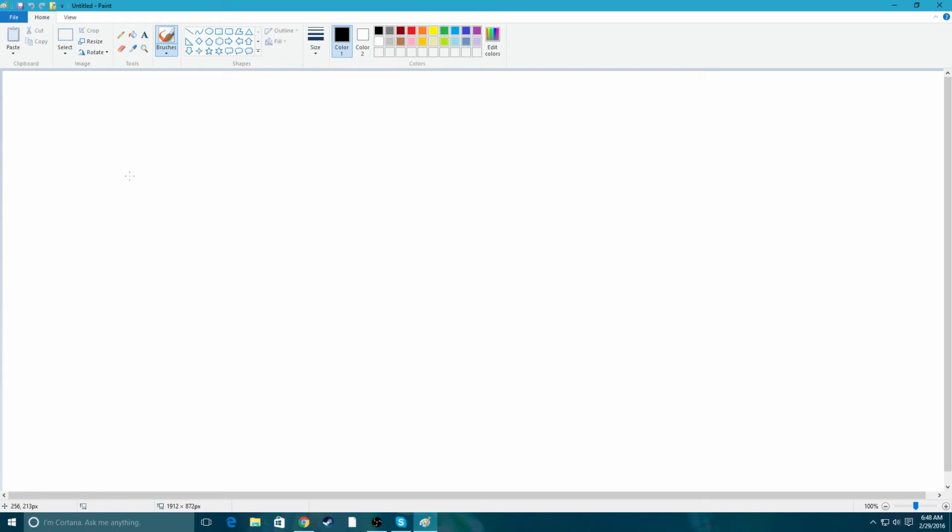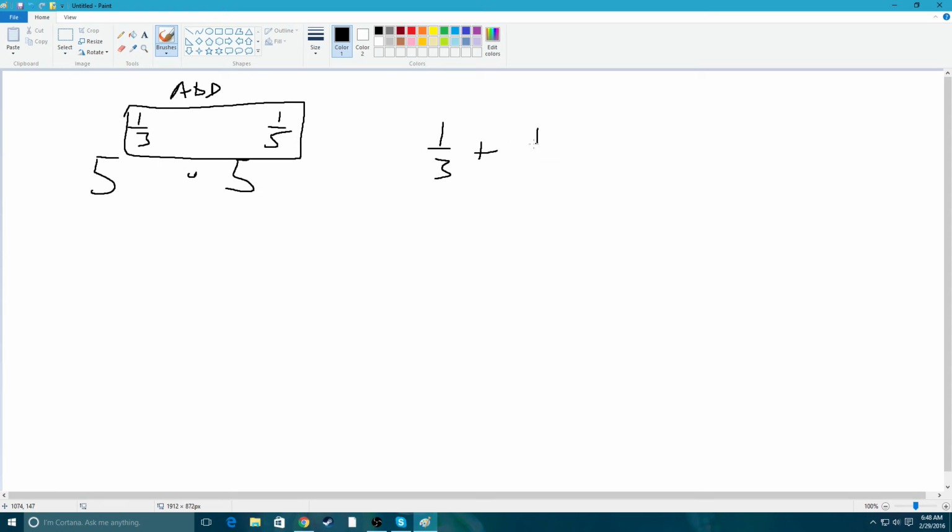Remember, when you multiply numbers with the same bases, and let's say you've got something like 5 to the 1/3 times 5 to the 1/5, what you do is you take these exponents and you add them. So this is 1/3 plus 1/5.